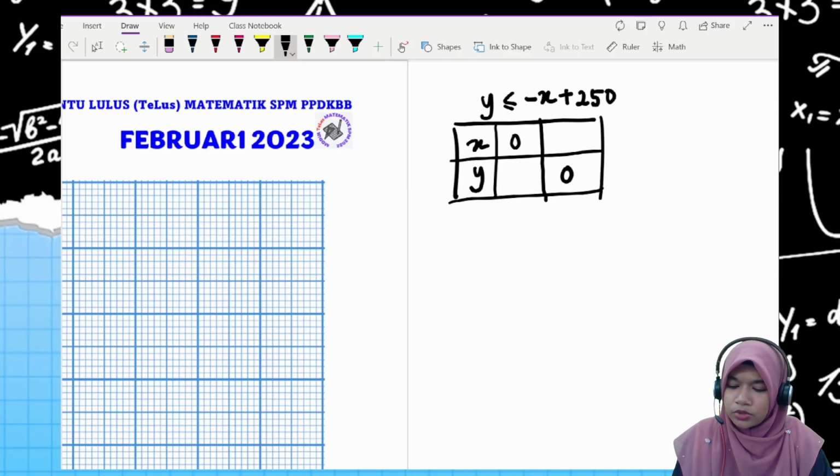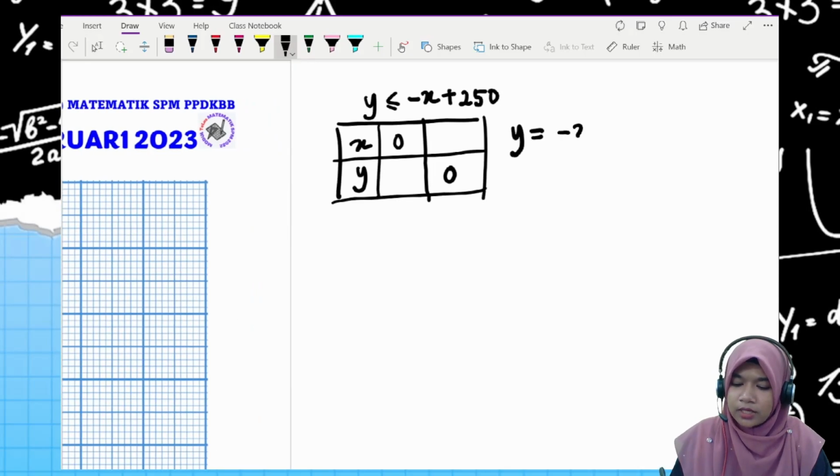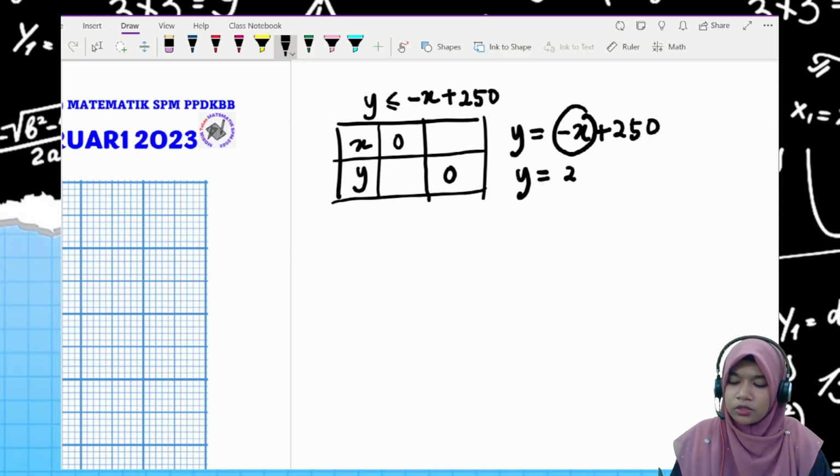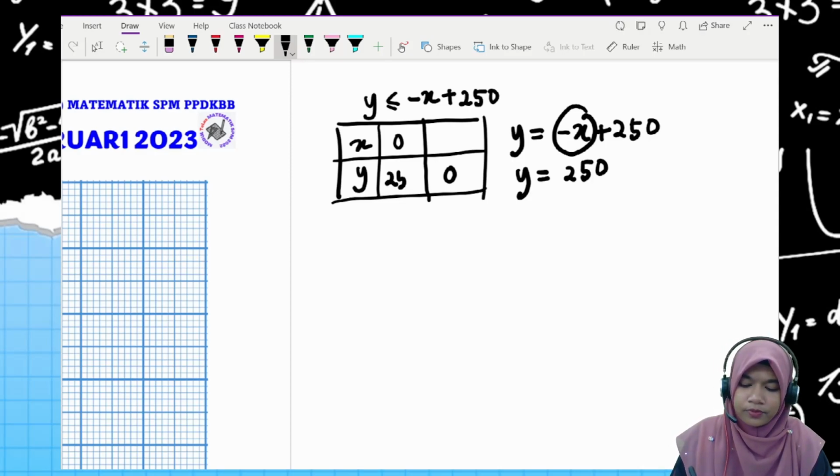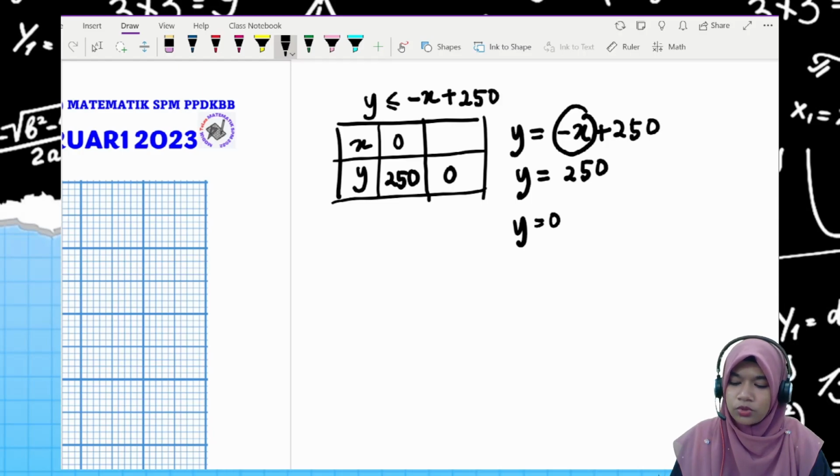When x equals 0, the equation is y equals negative x plus 250, so substituting x equals 0, y equals 250. And when y equals 0, you have 0 equals negative x plus 250. Therefore, x equals 250.